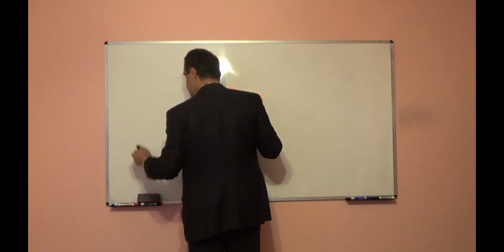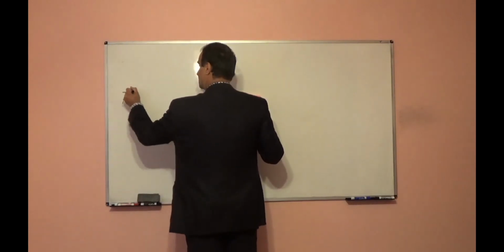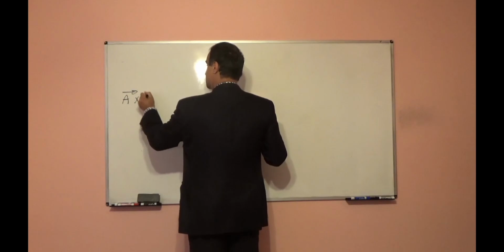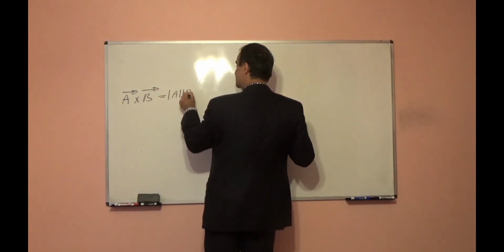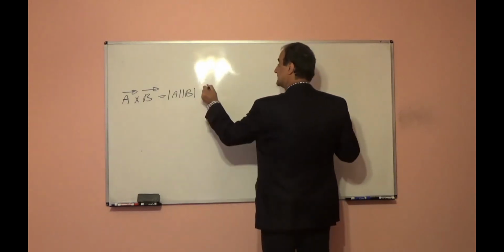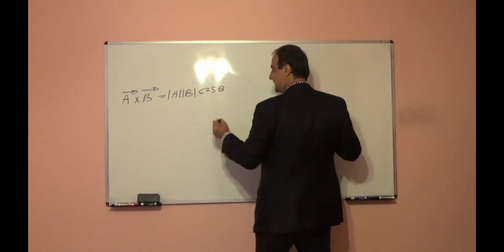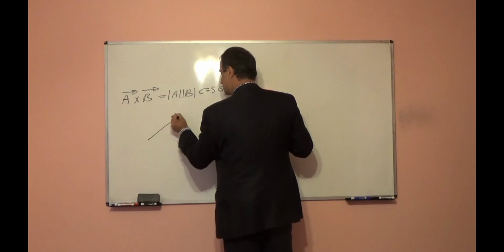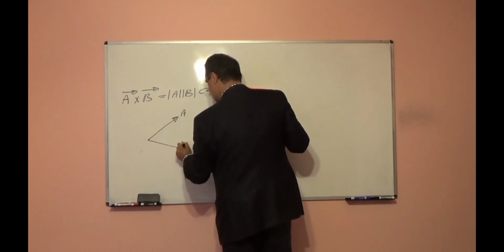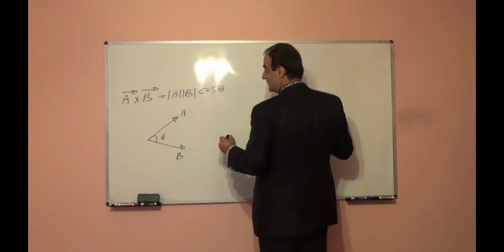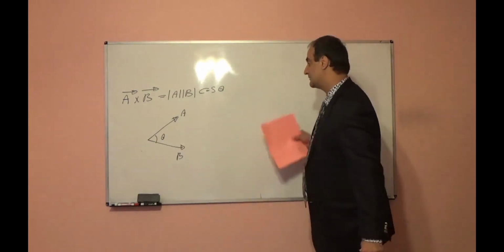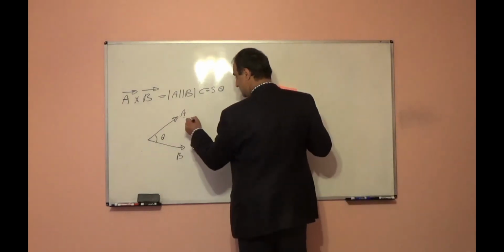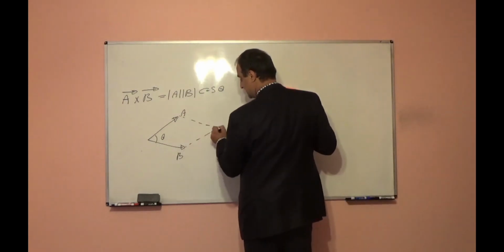We define A cross B as magnitude of A times magnitude of B times sine of the angle between A and B. For example, if this is vector A, this is vector B, and this angle is theta, you can build a parallelogram using A and B like this.